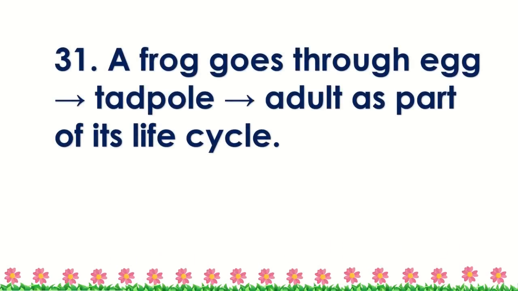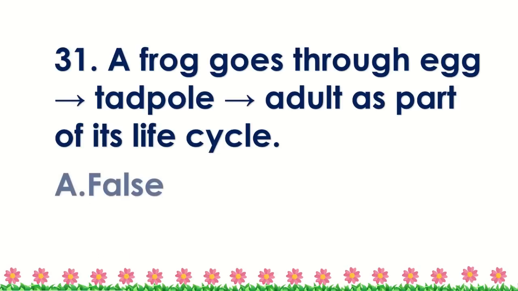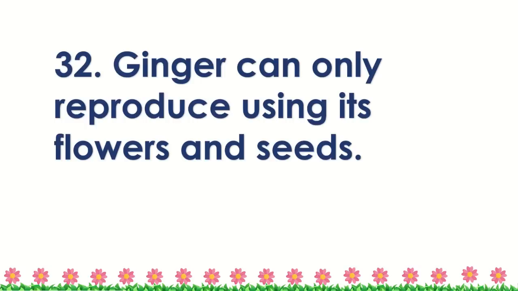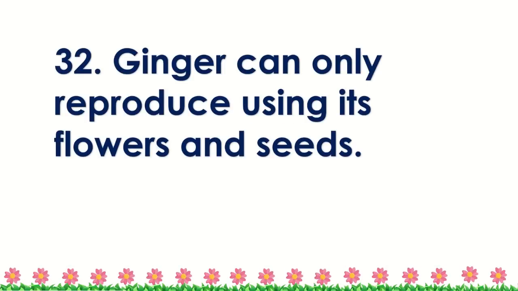A frog goes through egg to tadpole to adult as part of its life cycle. True. Ginger can only reproduce using its flowers and seeds.